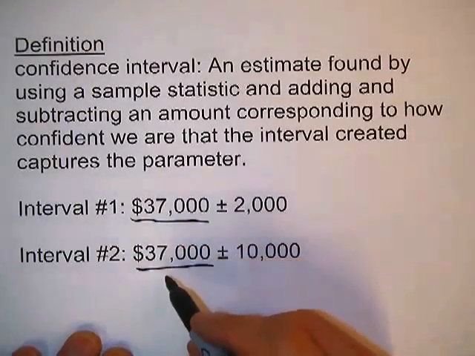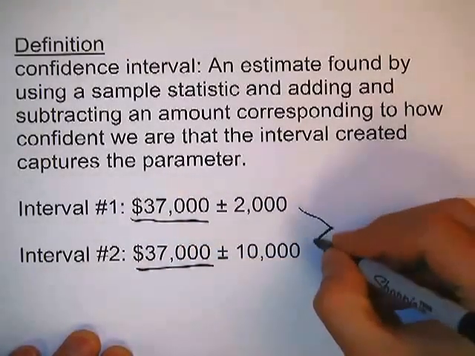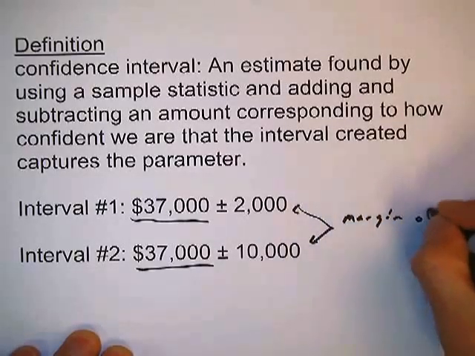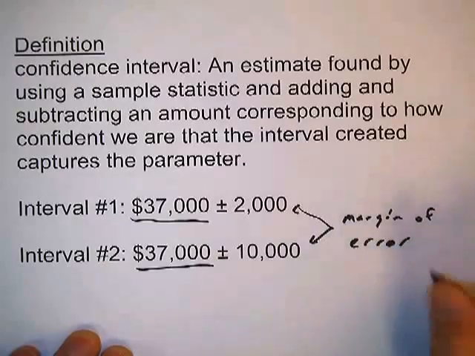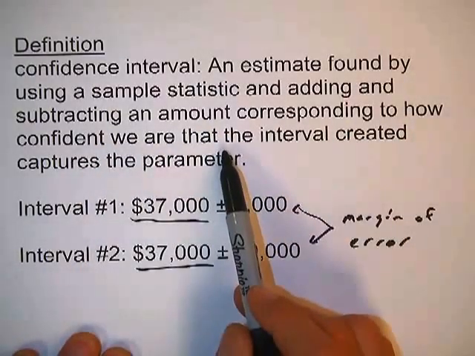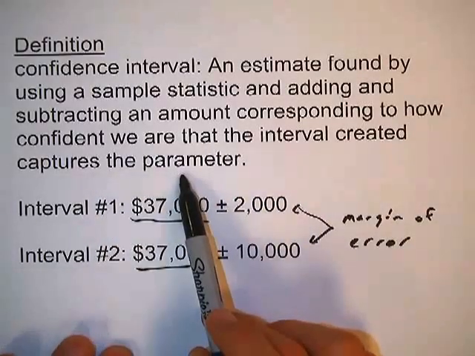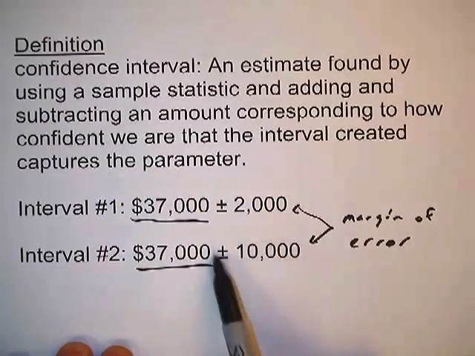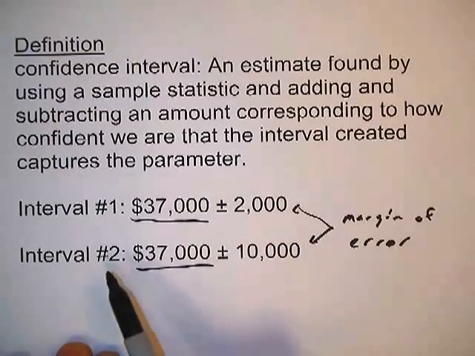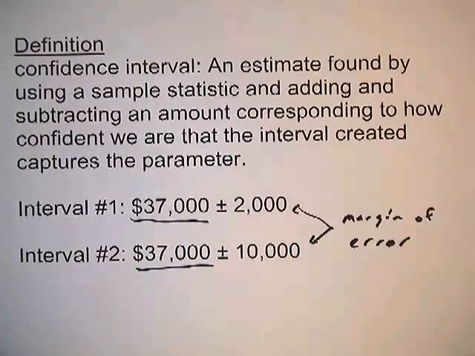That would be our estimate. And these two values are what are called margins of error. That margin of error is the amount corresponding to how confident we are that the interval created captures the parameter. This one had a much larger margin of error, which allows us to be more confident in interval 2.